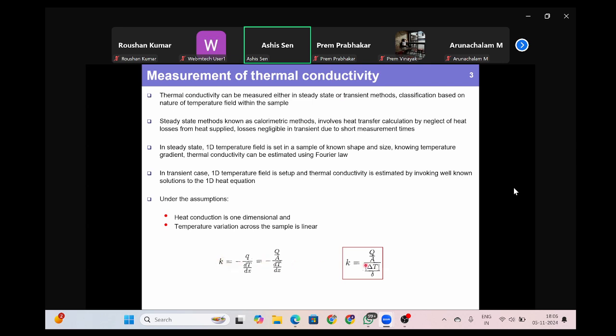So this k can be approximated as q by A divided by dT by dx, which can be written as delta T over small delta. Small delta signifies the size of the sample, the width or thickness of the sample. So basically this gradient is approximated as the temperature difference divided by a length scale. So this is the theory basically.